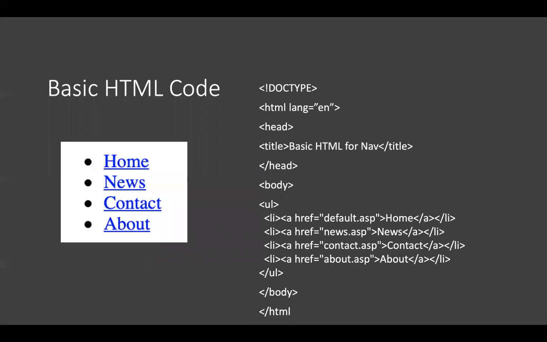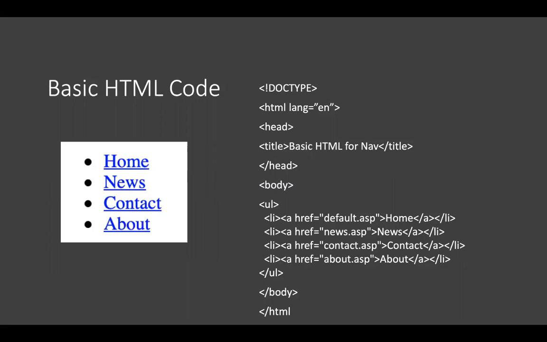All right, so the basic HTML code that I usually like to use for my navigation bars consists of the basic setup of showing the doc type, the HTML with the language, and then putting in the head with the title. Where we get our vital information is in the body. So we do a UL, and that creates that section for us, and then the LI will create the links.